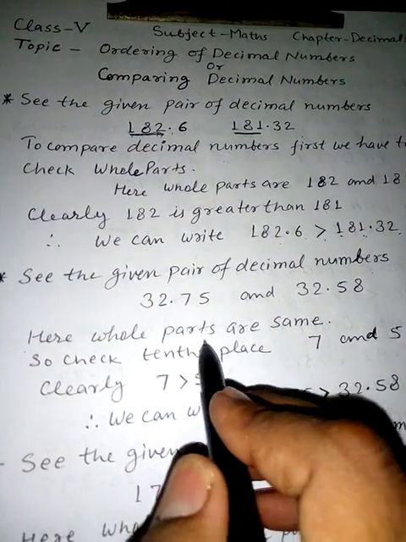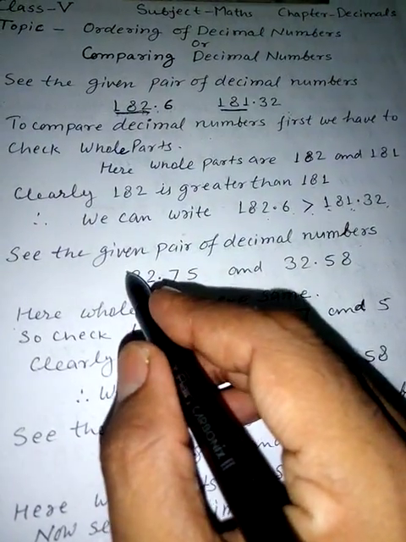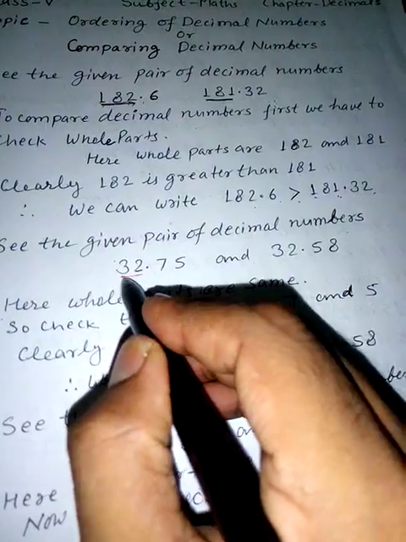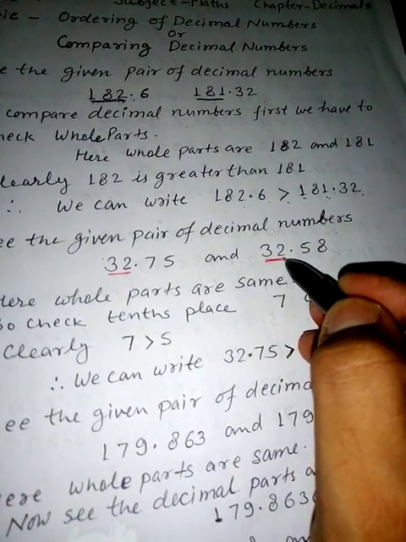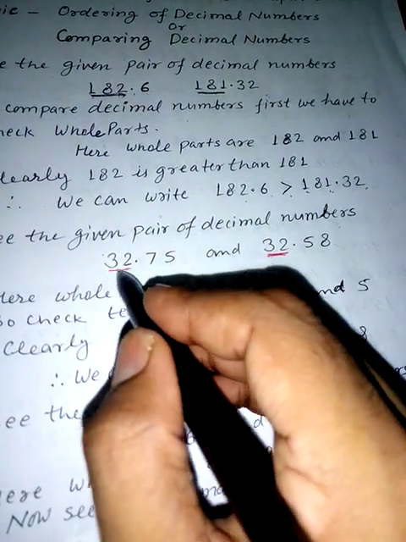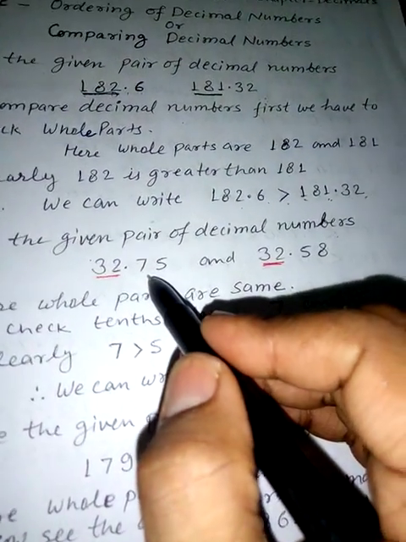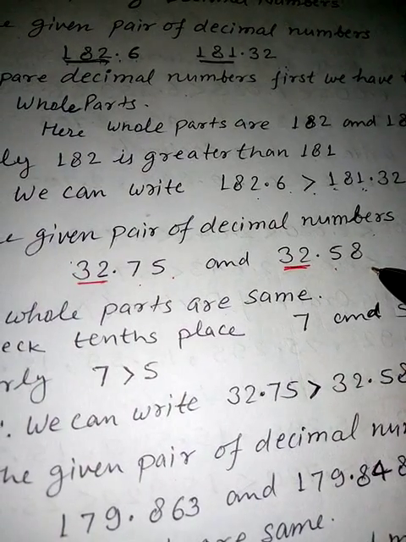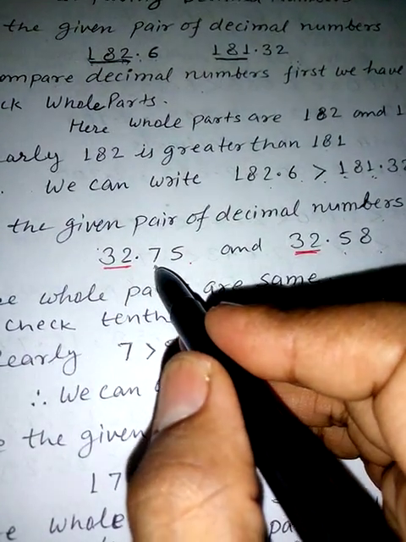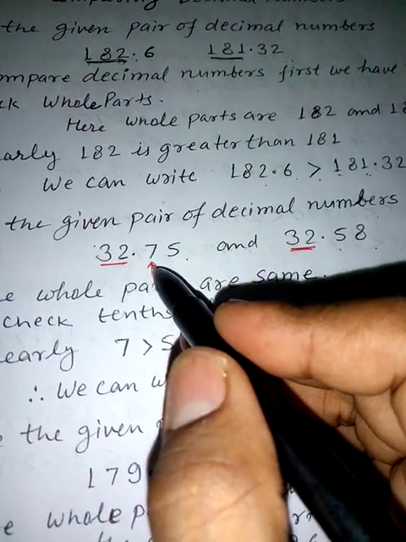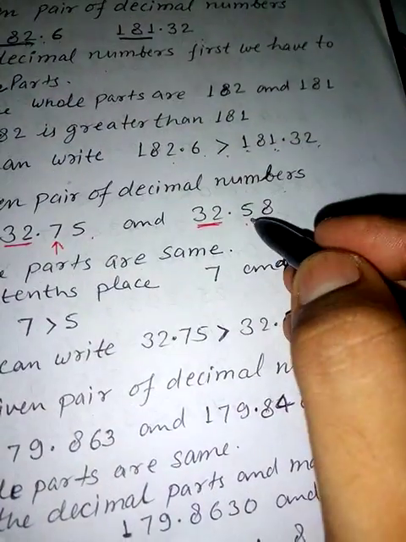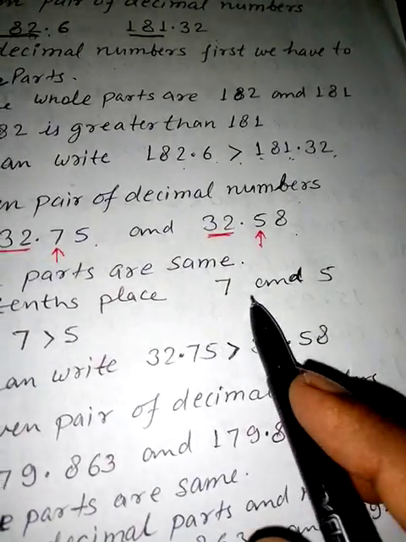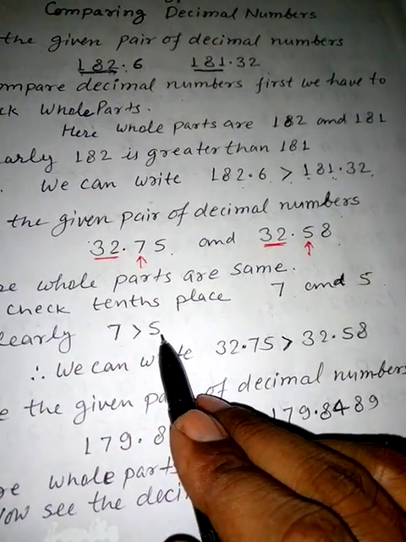Now see the given pair of decimal numbers, 32.75 and 32.58. Here the whole parts are the same. The whole part is 32 and here also the whole part is 32. So this is okay. Now we have to check the decimal part, 75 and 58. Check the 10th place first. The 10th place is 7 and here the 10th place is 5. 7 is greater than 5.